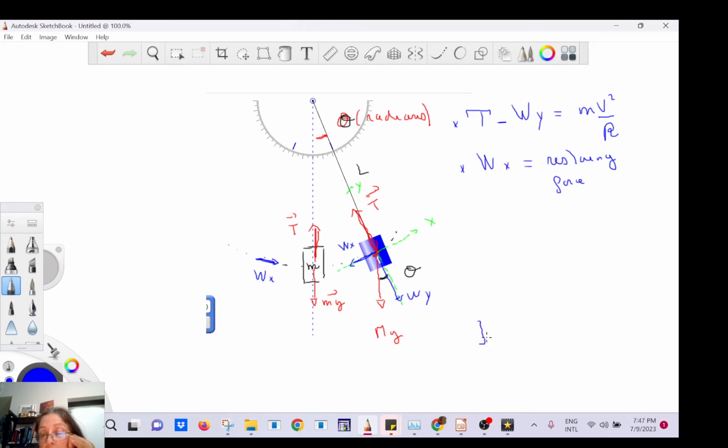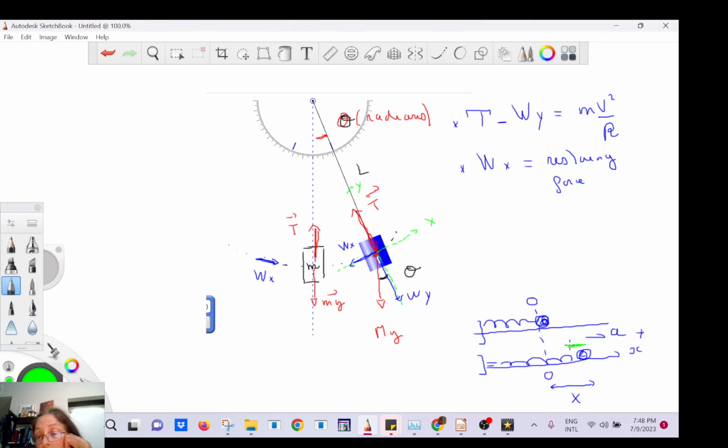So remember, same thing for the spring. When you had the spring here, it's happy, it's at its equilibrium. And then you pull the spring. Here, maybe it's there now, and then it starts to oscillate back and forth. That was called the displacement X. This is your X-axis. Here, maybe it's going to be positive. So let's say it was moving in this direction. So that will be your acceleration along the X. And then you had a restoring force in this direction, right?